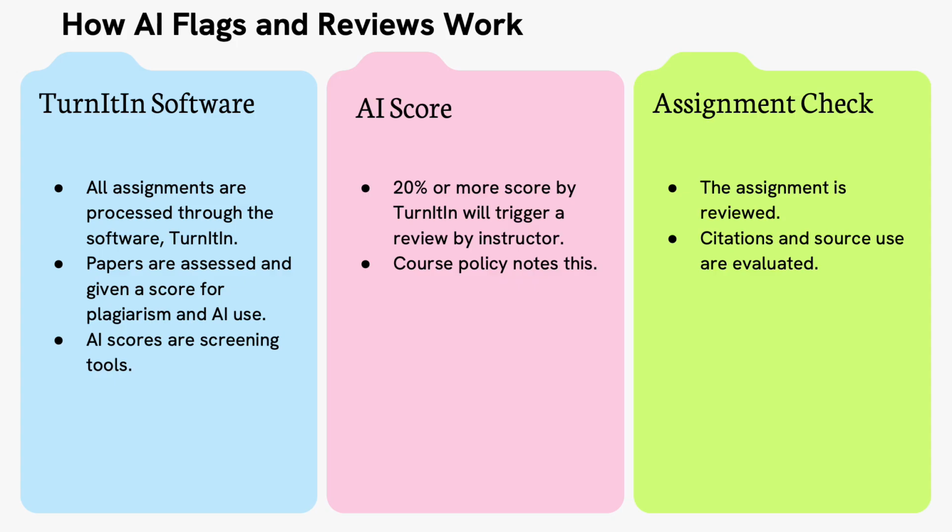After that, the assignment will be reviewed by myself or your instructor, and the instructor will review writing style, citations, sources, and a bunch of other things to determine if it's possible that AI was used too much. But that Turnitin score will be the initial way to determine.